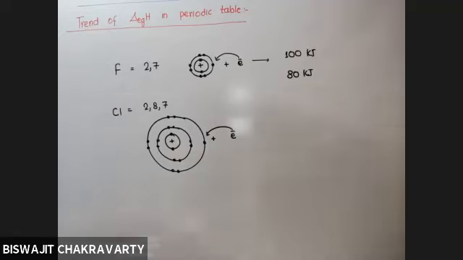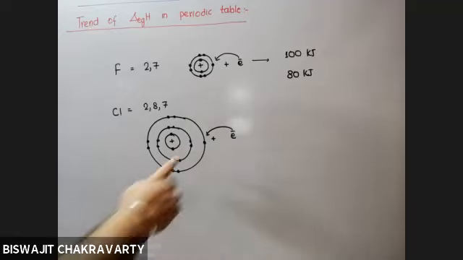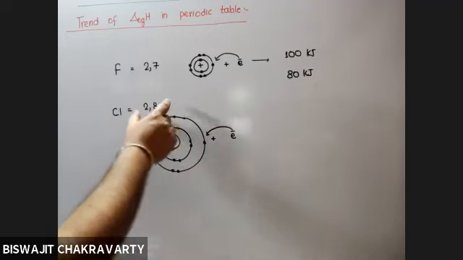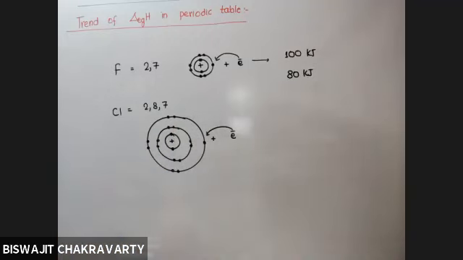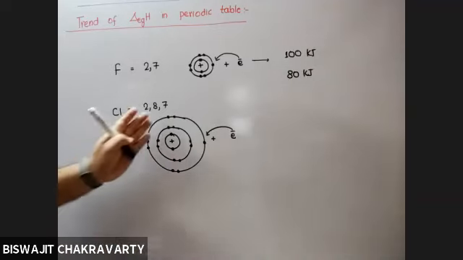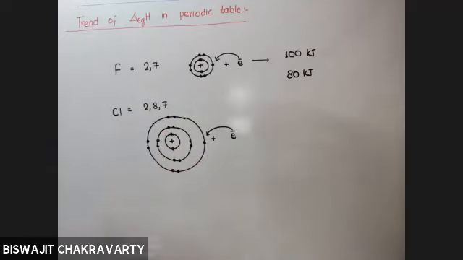Now come to chlorine. In chlorine, no doubt there are 17 electrons. But don't go by the number of electrons. These electrons are very well placed because the number of shells and subshells are also more, isn't it?